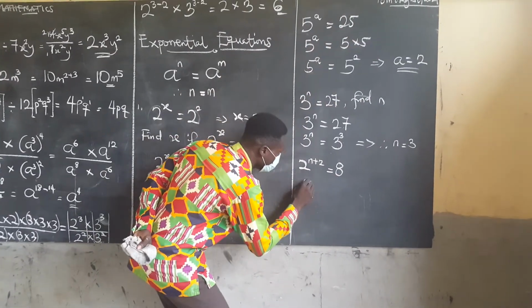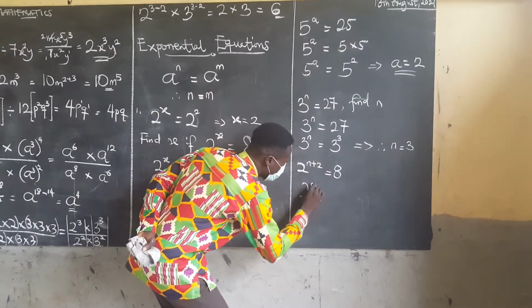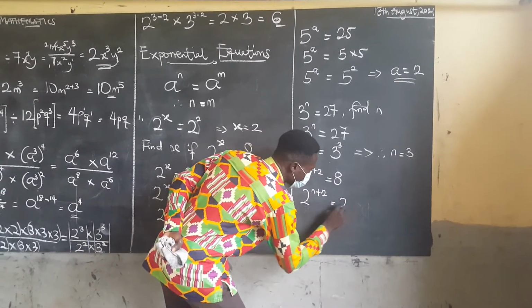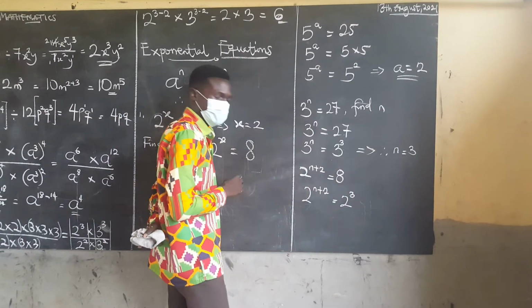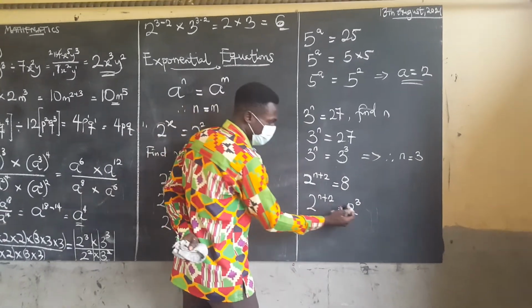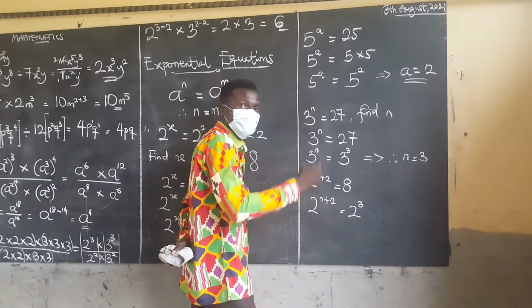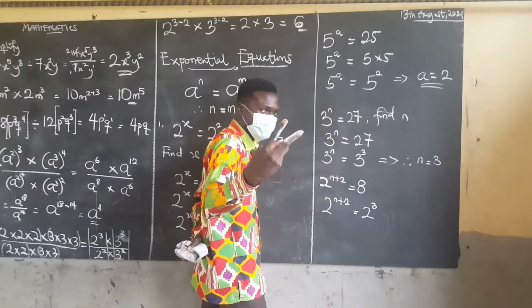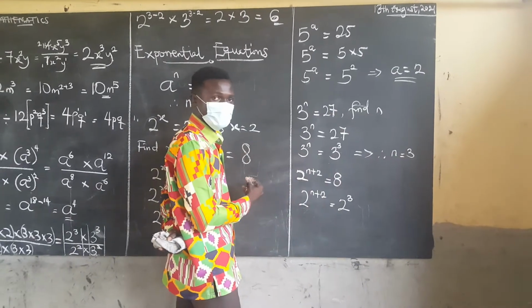So this will give me 2 raised to the power n plus 2 is equal to 2 raised to the power 3. 2 raised to the power 3 means 2 times 2 times 2. So 2 is multiplying itself 3 times. And this will give me 8.